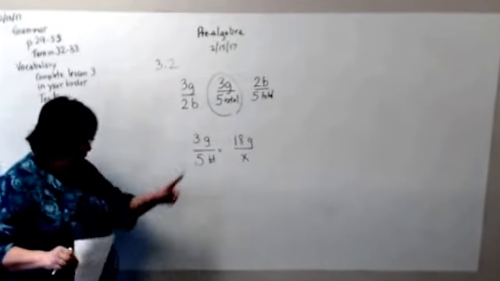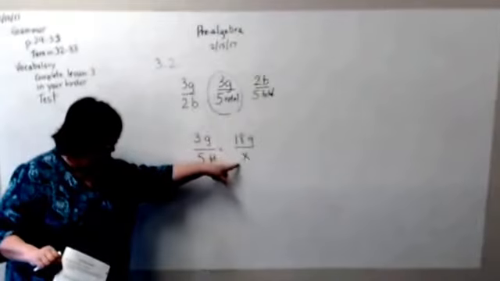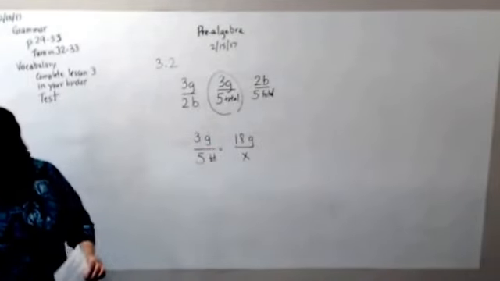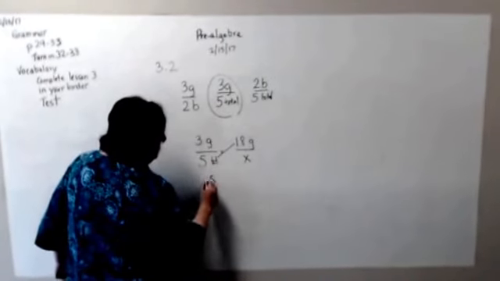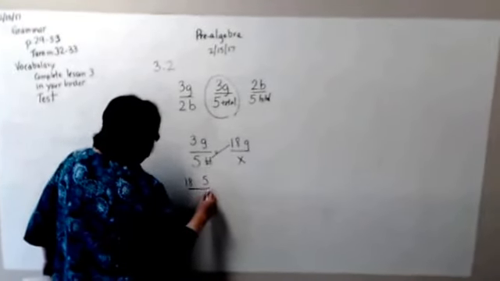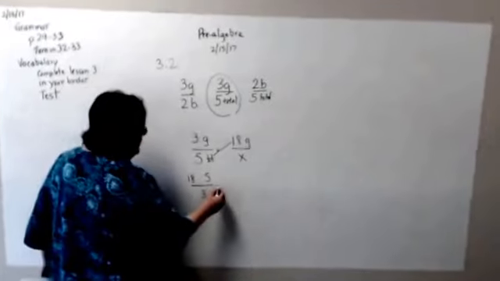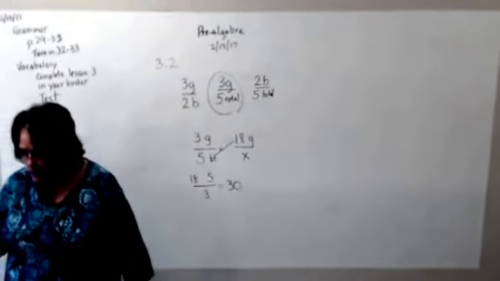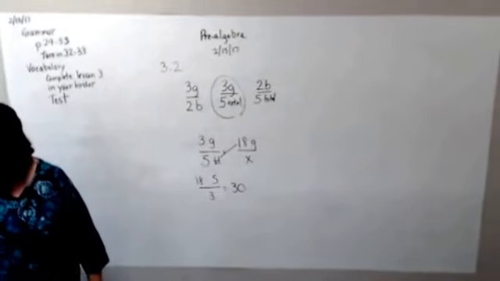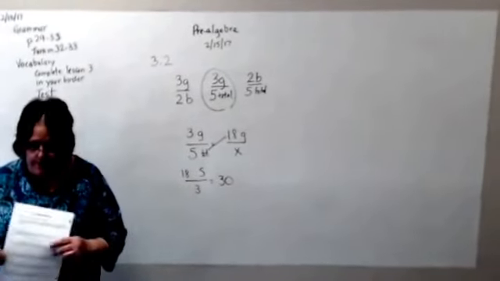They're asking us to compare girls to total, so we use girls to total. Sarah, what did you get? 30 total. So we did 18 times 5, and then divided by 3. You got 30, you said? Yes, ma'am. That's correct. 30 what? Total. 30 total club members. Does that make sense?